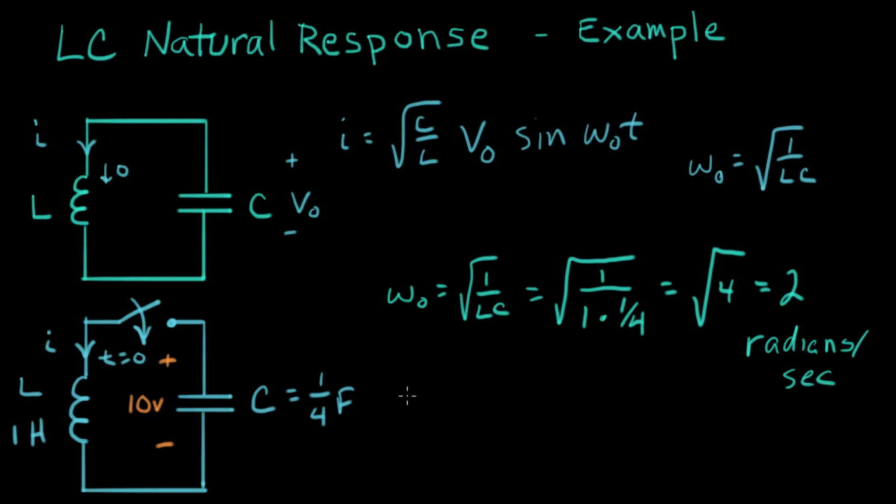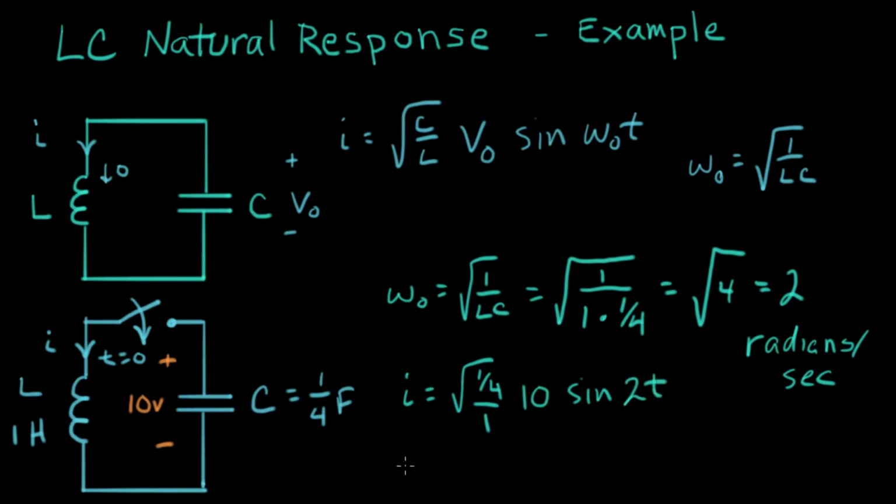We know the natural frequency right here, and now we can work out the rest of it. So we can just fill in I equals the square root of C, which is 1/4 farad, divided by 1 Henry, times V naught. V naught was 10 volts, times sine omega naught t. Omega naught is 2, so sine 2t.